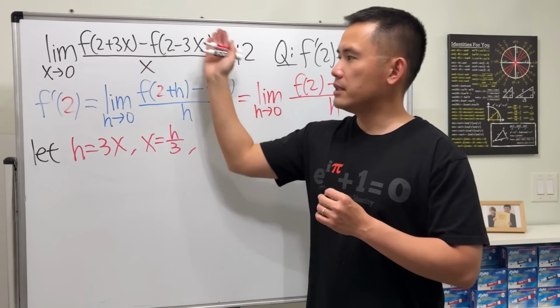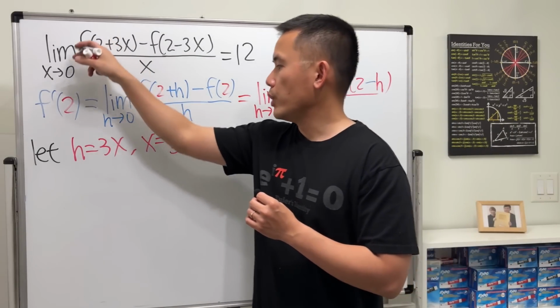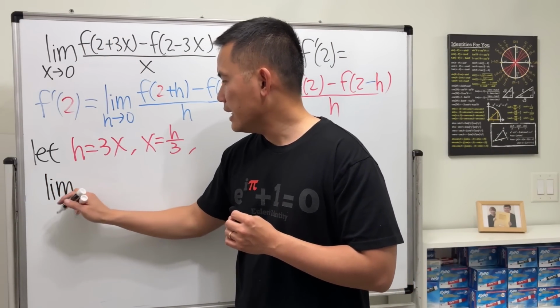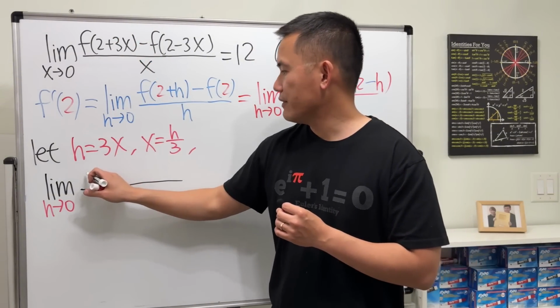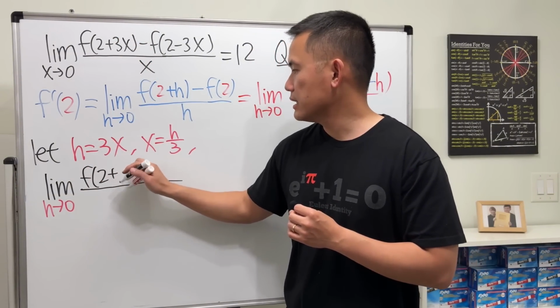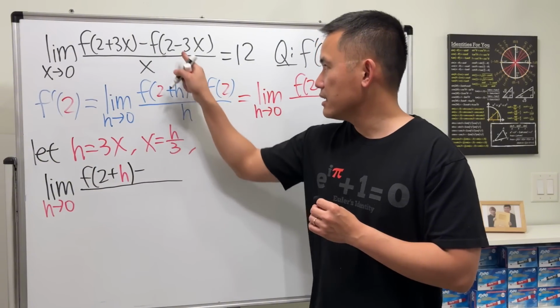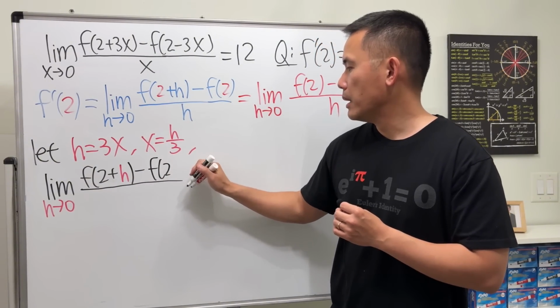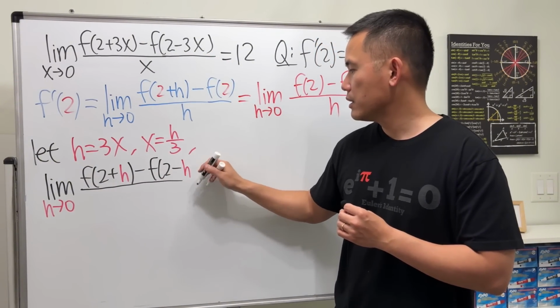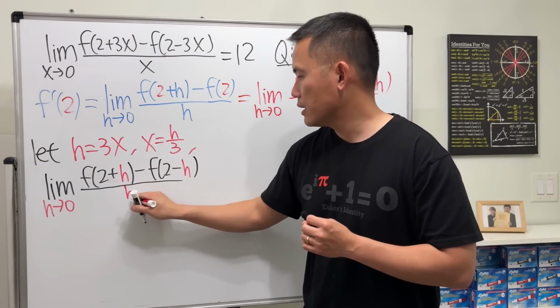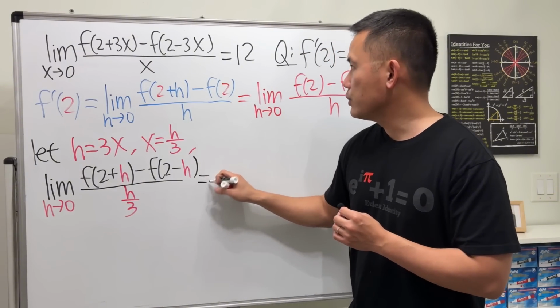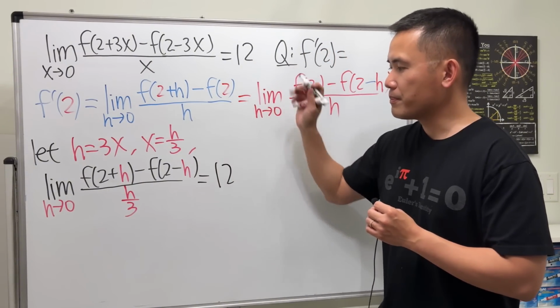Now let's rewrite this limit in terms of h. We will have the limit as h approaching 0, and then here we have f of 2 plus h minus f of 2 minus h all over x, which is h over 3. And that is equal to 12. This right here stays the same.